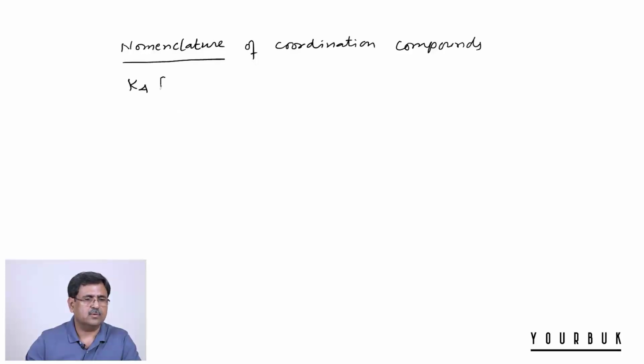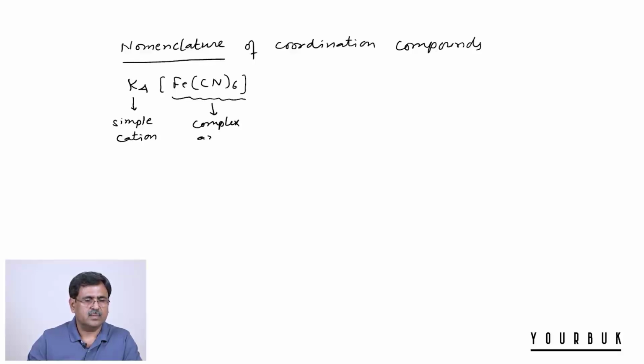K4[Fe(CN)6]. This is called potassium ferrocyanide. Now in this case, potassium is present as a simple cation, and this anion is present as a complex anion. And in this complex anion, any atom or group other than the metal is called the ligand.